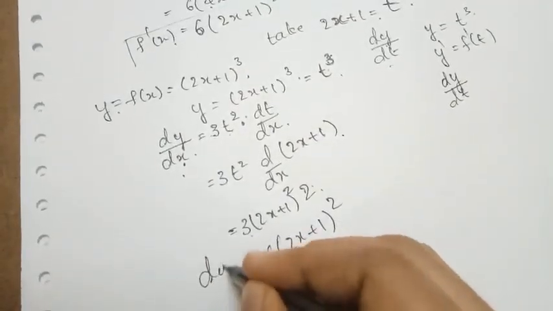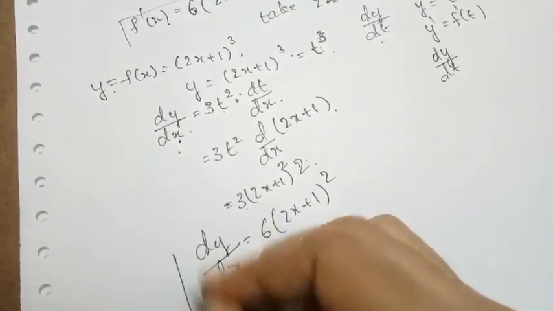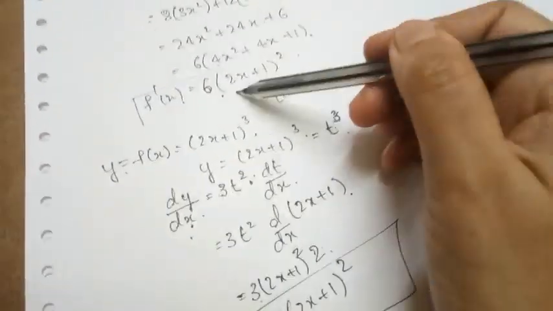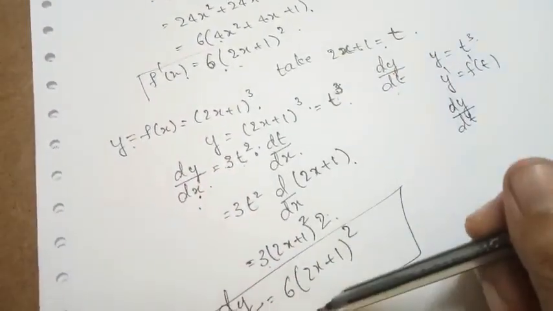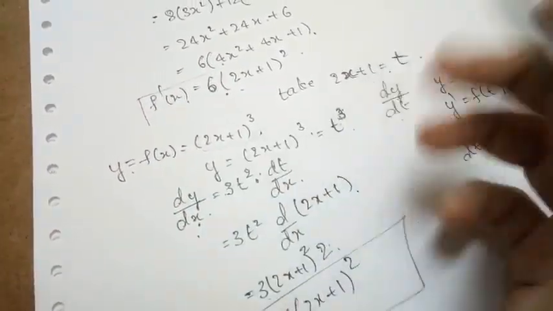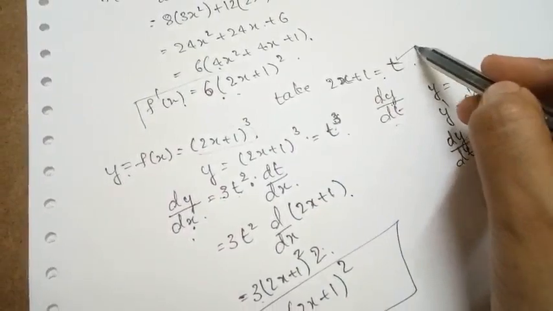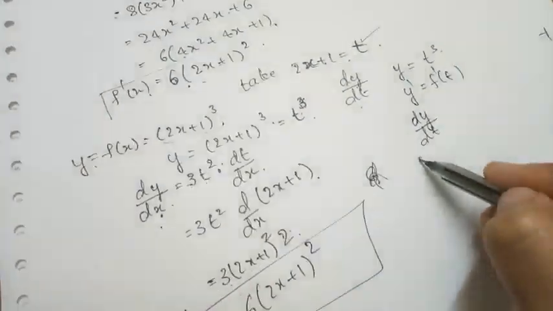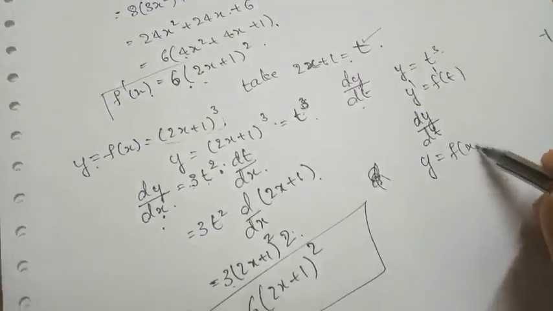So this is the derivative of the function with respect to x. So you can see here the answers of both are one and the same. So what we did here: we took one function and substituted it with a variable. Keep one thing in your mind: the given function is y is equal to f of x.